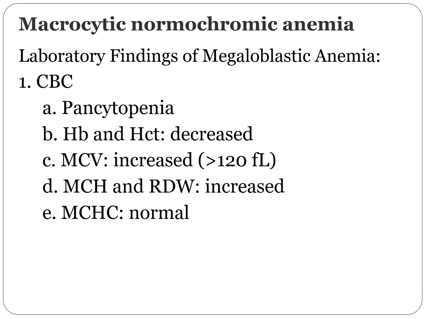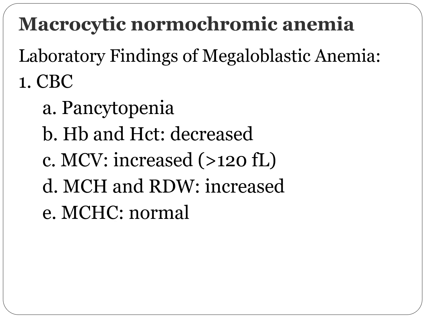For the laboratory findings of megaloblastic anemia, we have the complete blood count. So pancytopenia means that there would be a decrease of the formed elements. So this includes the platelets, the RBC, the WBC. Hemoglobin and hematocrit are decreased, MCV increased, greater than 120 femtoliters.